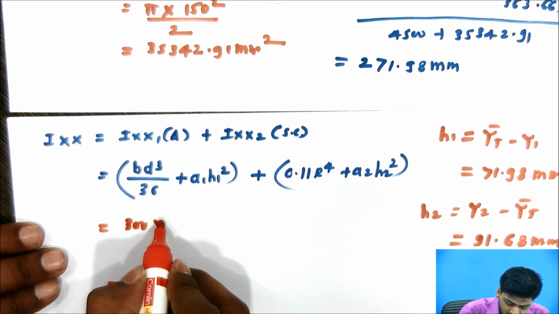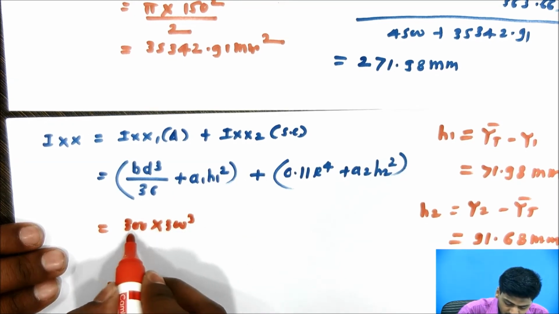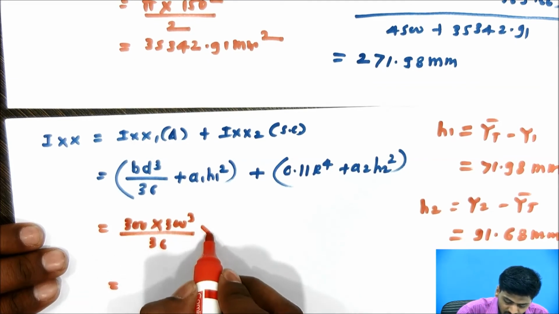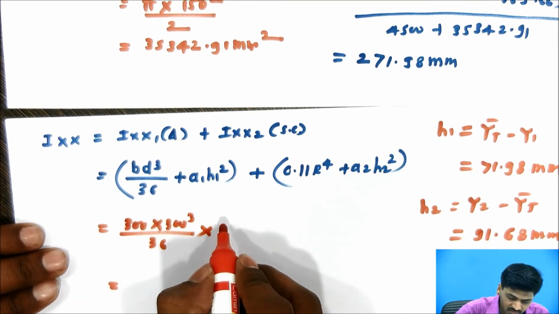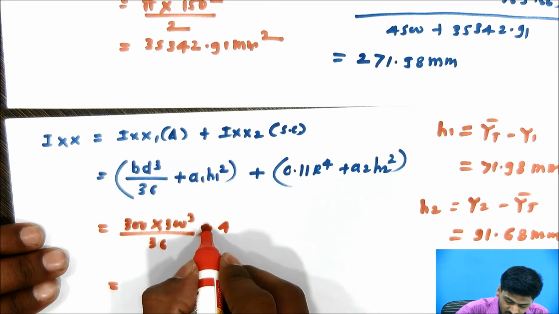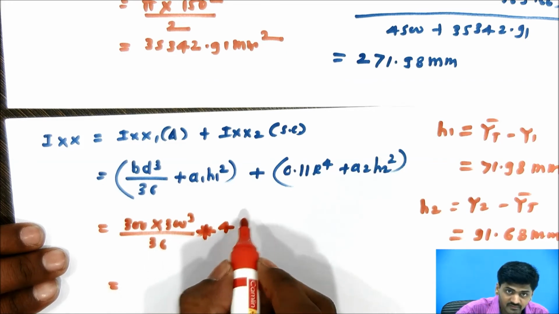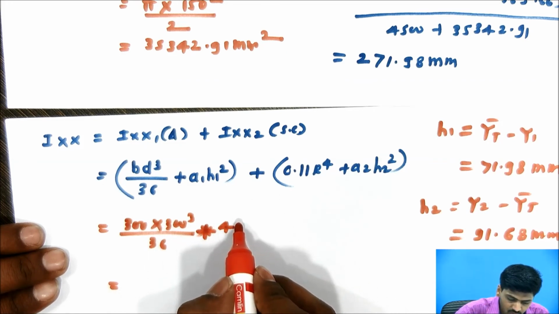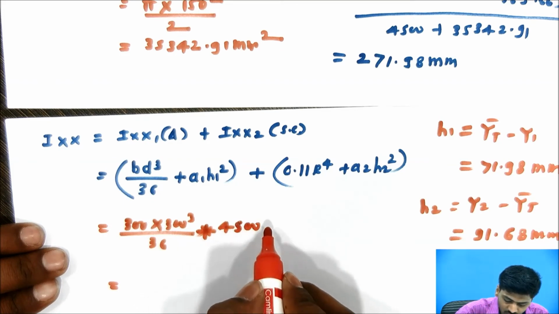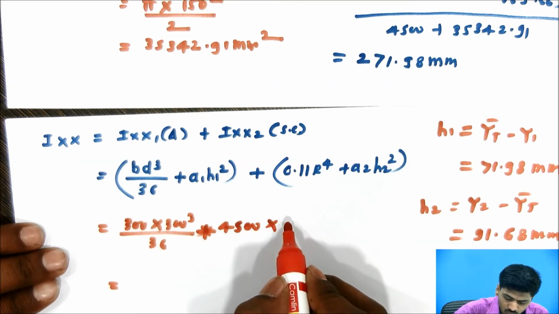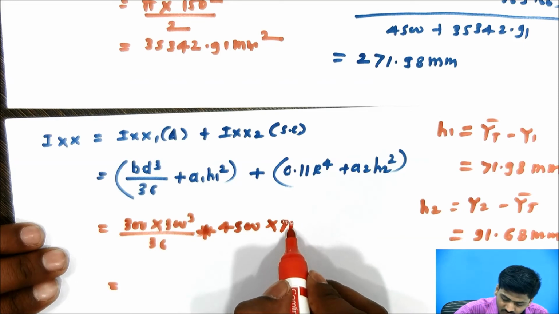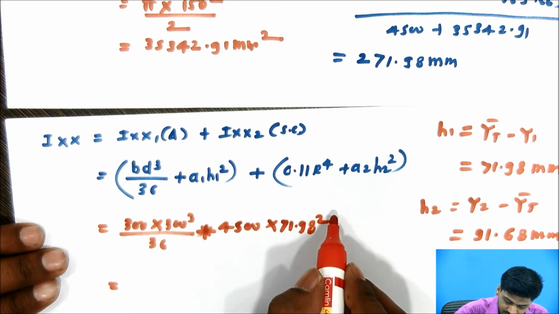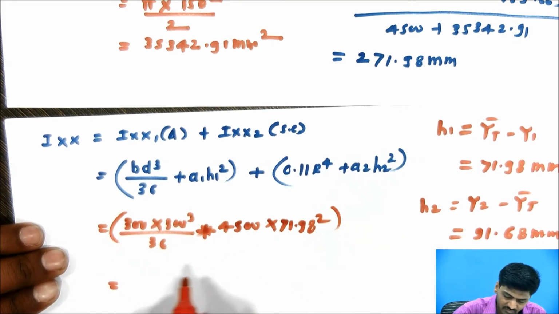This is nothing but 300 into 300 cube divided by 36, plus area of figure number 1, 4500, into height 71.98 square. This is the first part.